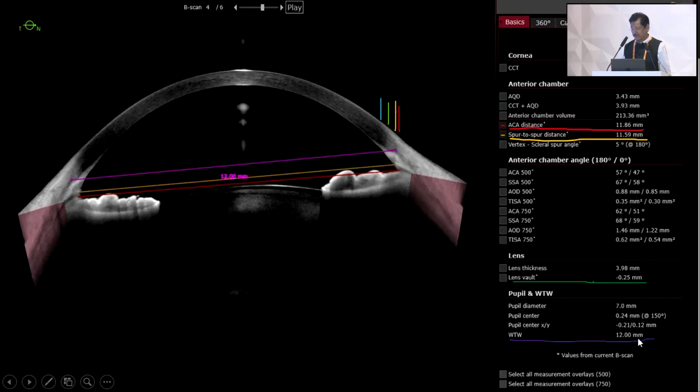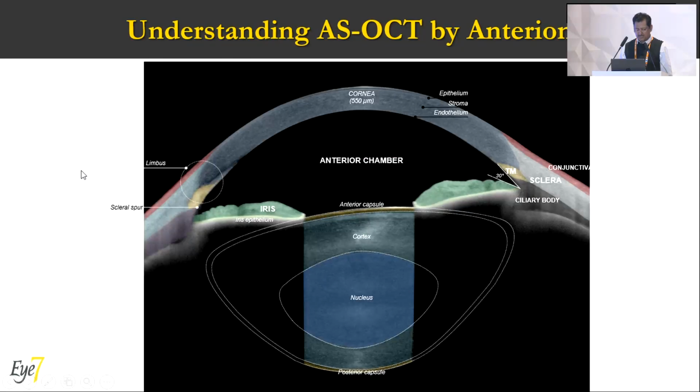If you put 12 here, you find that this V zone, let me show this here, you see this is the cornea, which is fitting into the sclera, and there is a V zone. Now, this point of the V is where it is all sclera, and this is the true white to white.